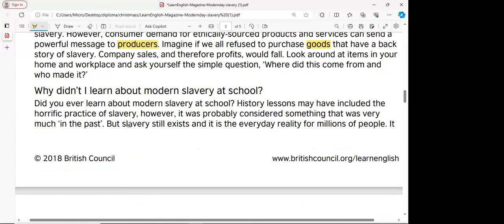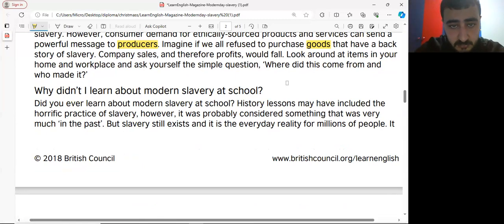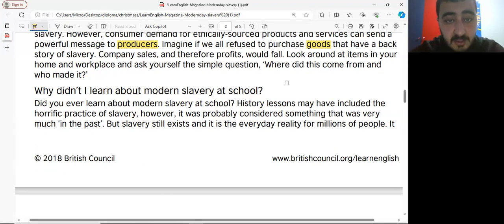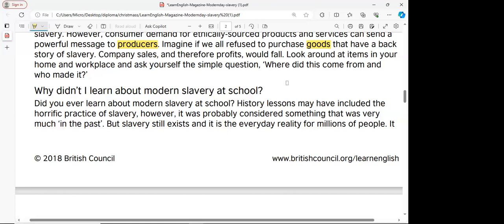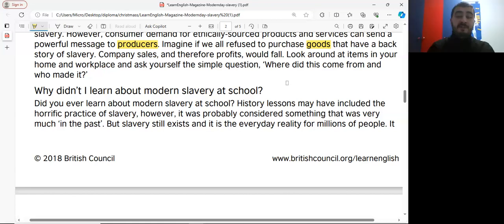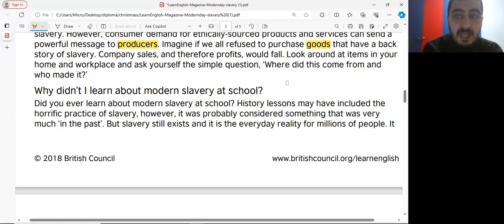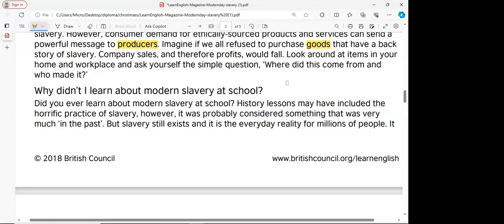Okay. Can you read please? Why didn't I learn about modern slavery at school? Did you ever learn about modern slavery at school? Slavery. Yes. History lessons might have included the horrific practice of slavery.